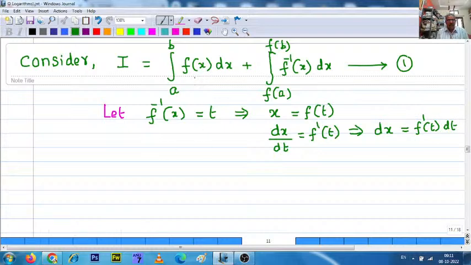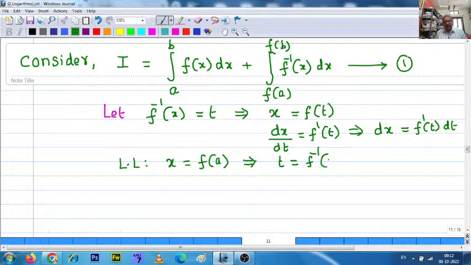So next we need to change the upper limit and lower limit also. See here, lower limit is x equal to f of a. Obviously now you need to find the t value. You need to find t is equal to f inverse of f of a.